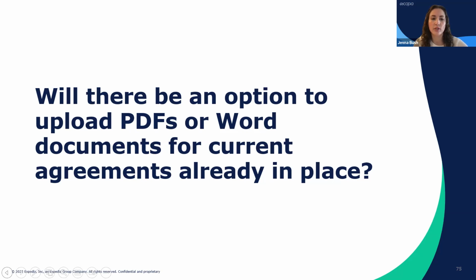However, just be sure to validate your merge tags. The merge tag names may not be one-to-one with the system you were using previously, and we want to make sure the correct data from Escapia that you want populated with that merge tag is pulled correctly. So just be sure to double check your merge tags after you paste the content into the template editor. That's right. Thank you, Jenna.